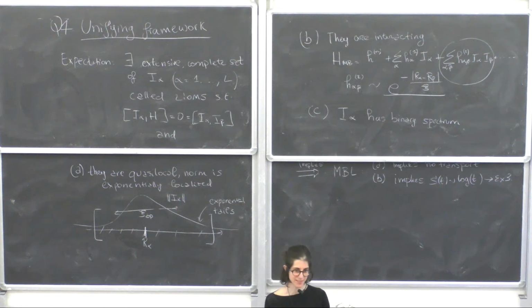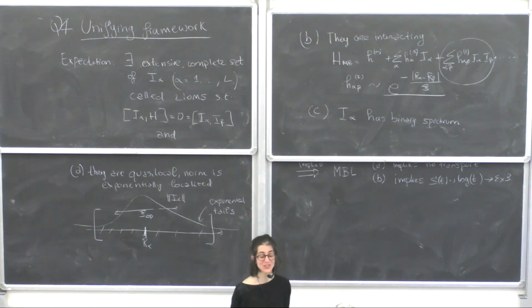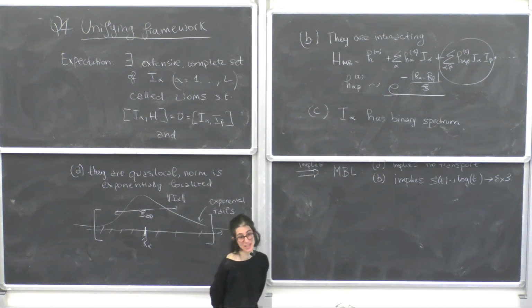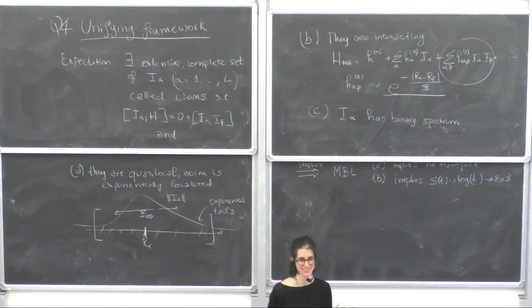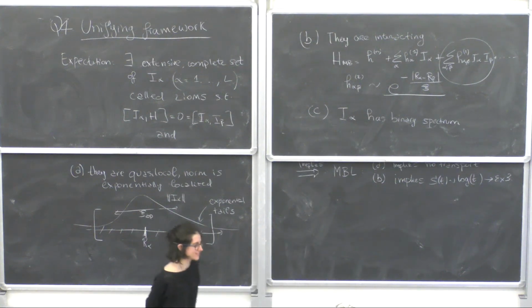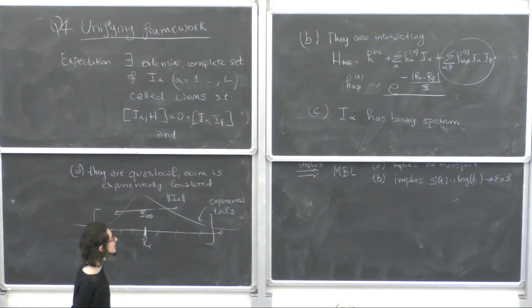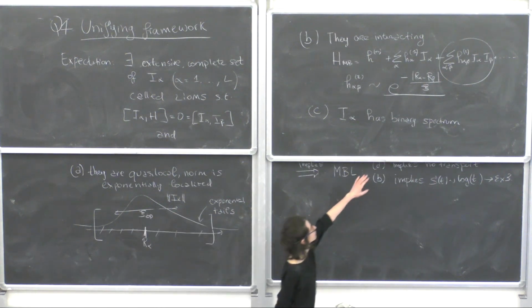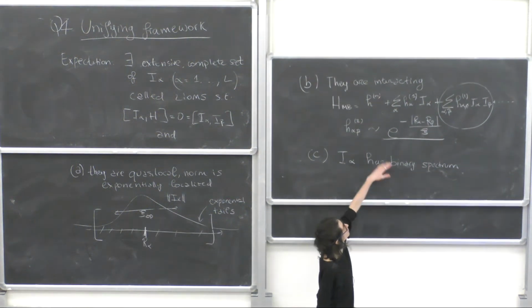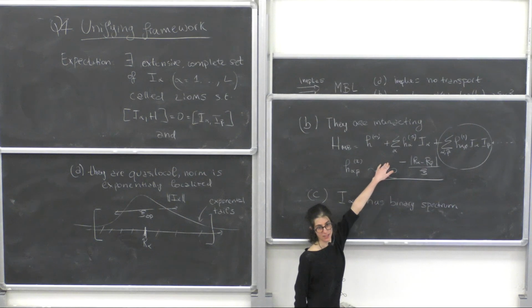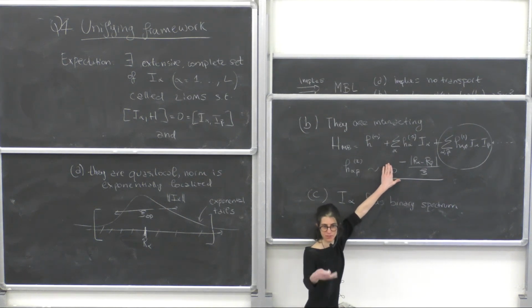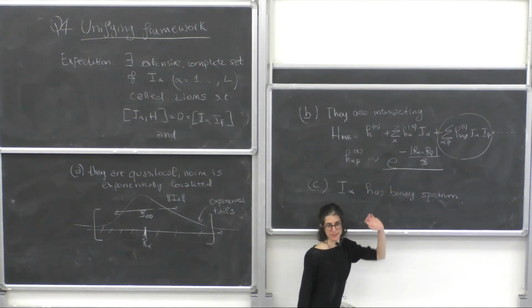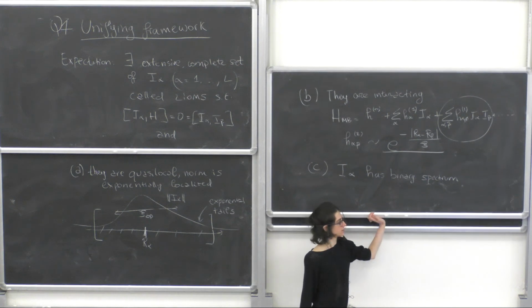You find numerics on logarithmic light cone. And you find a phenomenological argument which starts from here and uses this as an effective model to then deduce time dependence of correlation functions.